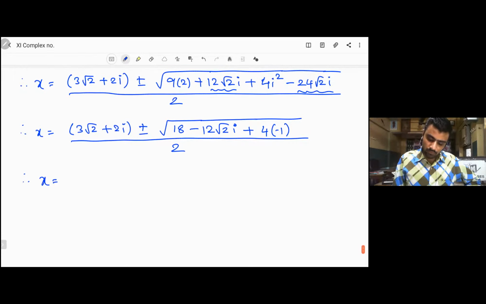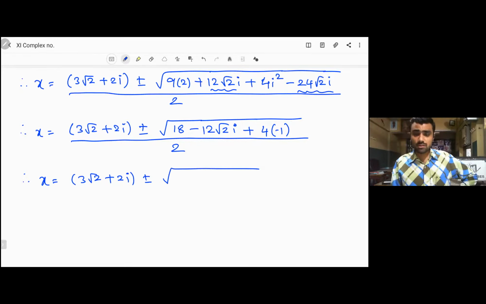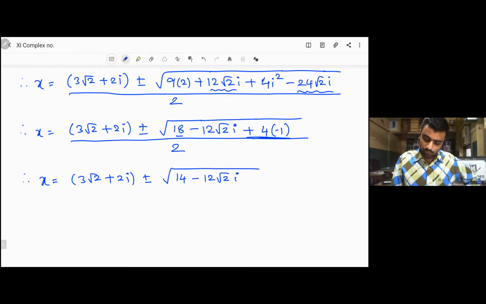Therefore x equals 3√2 + 2i plus or minus. Now what will remain in the root, students? This is 4 into minus 1, this is minus 4, minus 4 plus 18, this is plus 14, minus 12√2i, upon 2. This much is left.